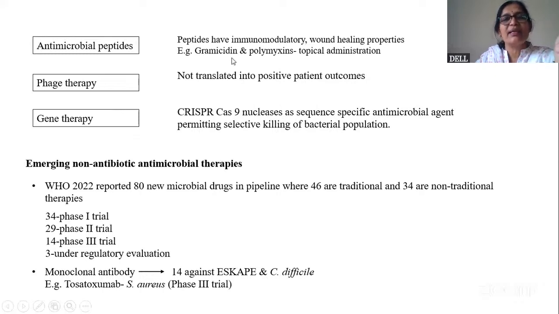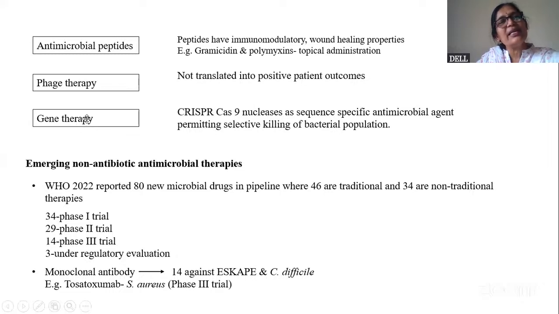The examples are gramicidin and polymyxins. And of course, phage therapy is one of the very important aspects because it is highly specific for a specific bacterium, but it has not translated into positive patient outcomes. It is giving mixed reactions and mixed outcomes. Therefore, it has not passed any clinical trials so far.